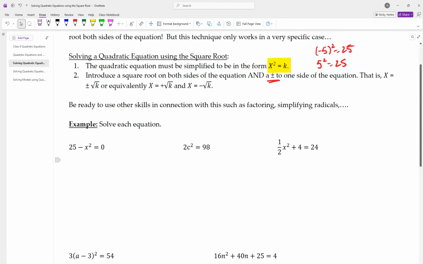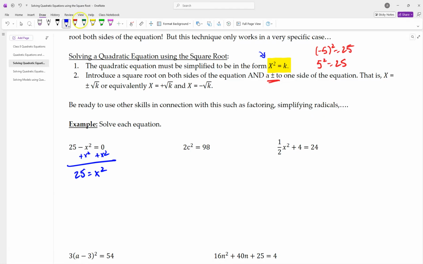First example, I have 25 minus x squared equals 0. That's a quadratic equation, right? But this method requires us to isolate the variable of interest on one side. So I'm going to move the x squared over, and I get 25 is equal to x squared.